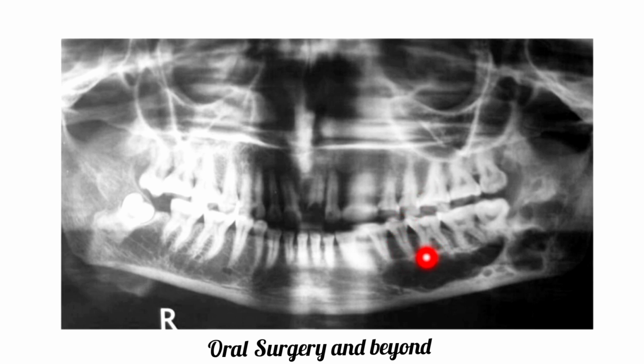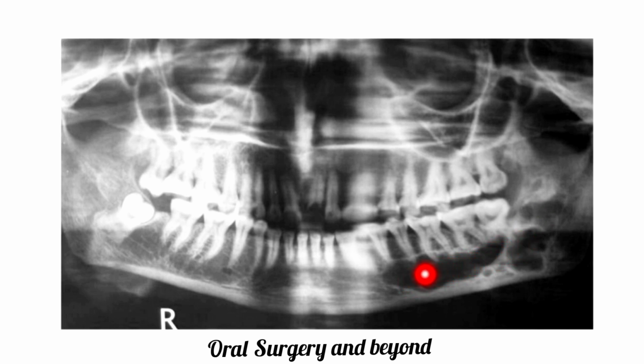Here there are well defined cortical margins with a large pathology here and here. A radiolucent pathology surrounded by well corticated margins, and the pathology runs through the bone marrow. So this is a classical representation of odontogenic keratocyst.